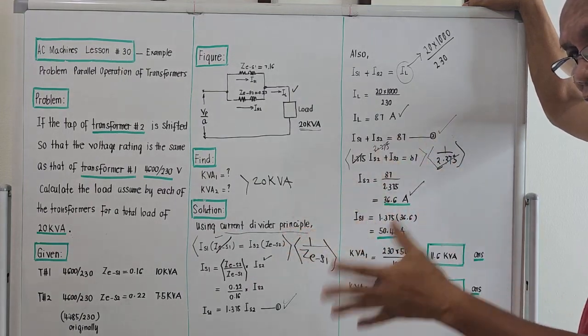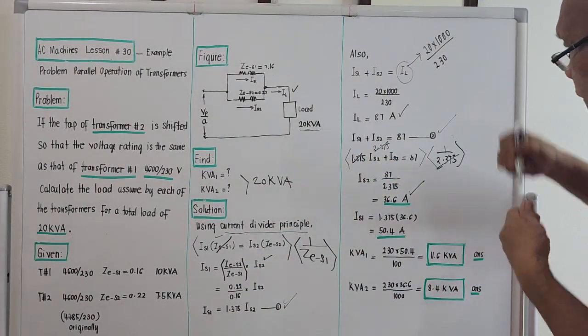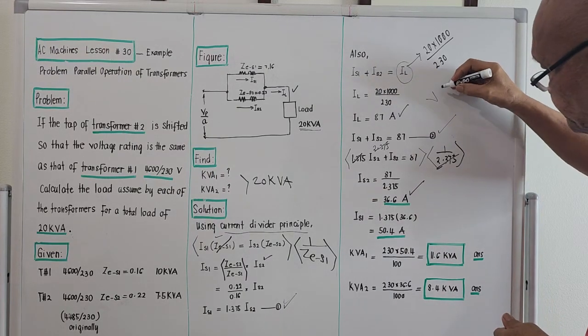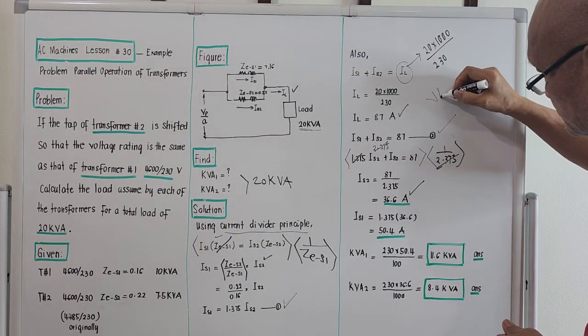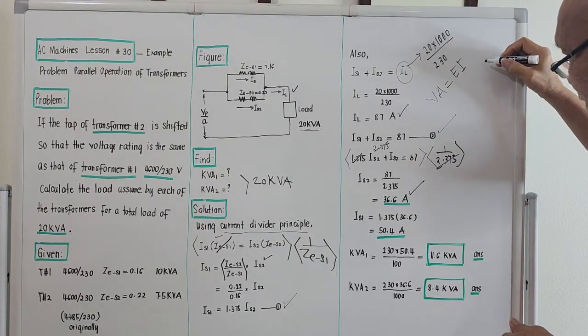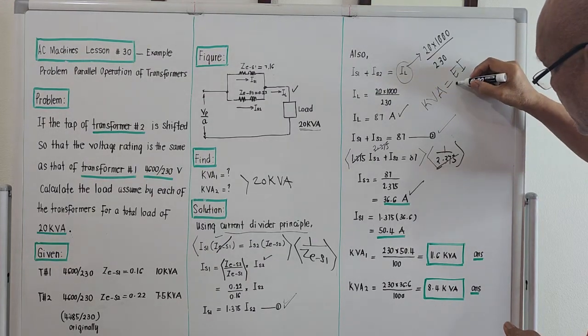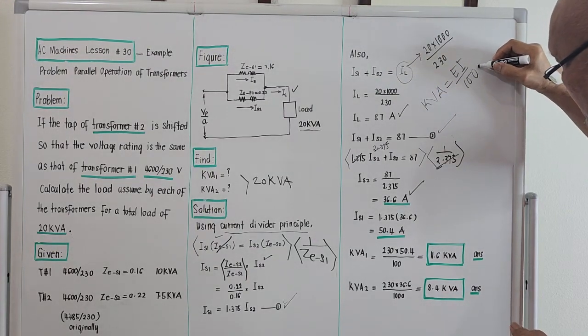So for us to determine the apparent power carried by each transformer, we will use the equation volt ampere equal to EI, right? So if this is kVA, we will divide this by 1000.